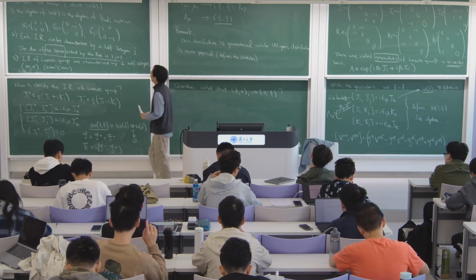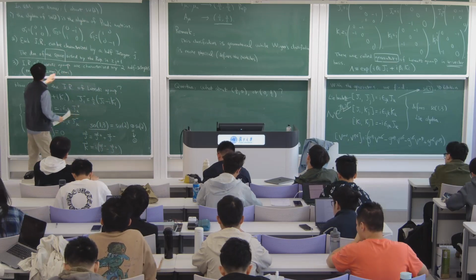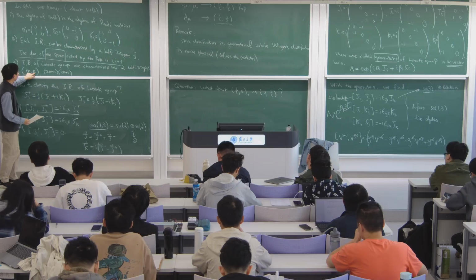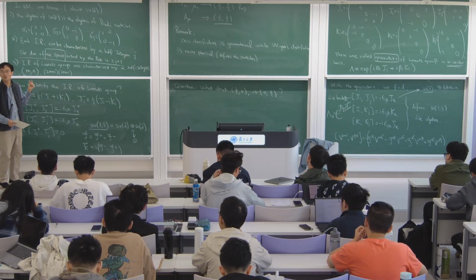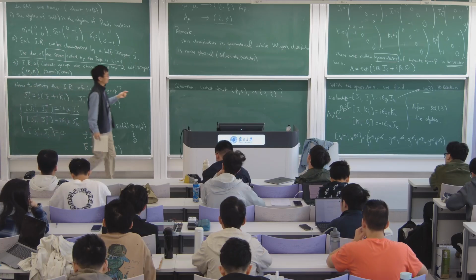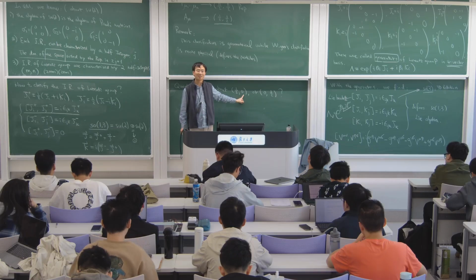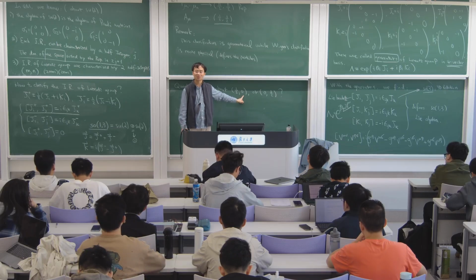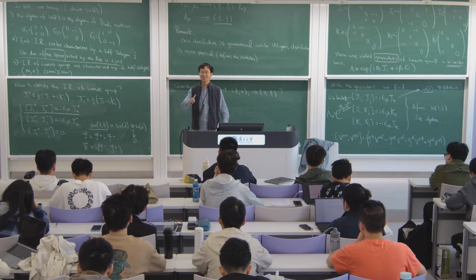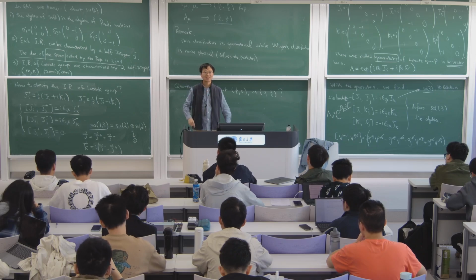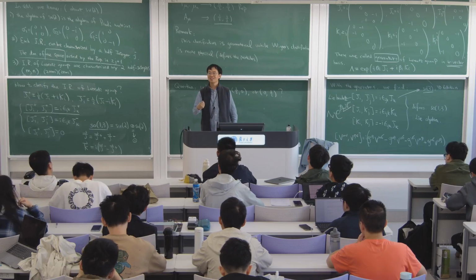Now the answer is almost there. Because we already know m or n specifies each SU(2), and there are two SU(2)s. Now, one of them is 0. 0 means it's a trivial representation. Do you know what a trivial representation is? The only element is the identity.